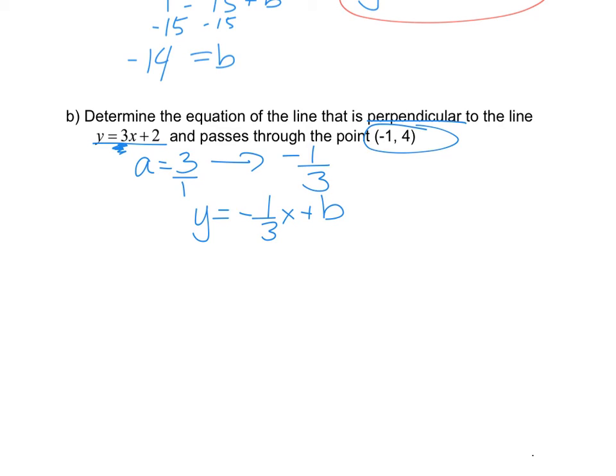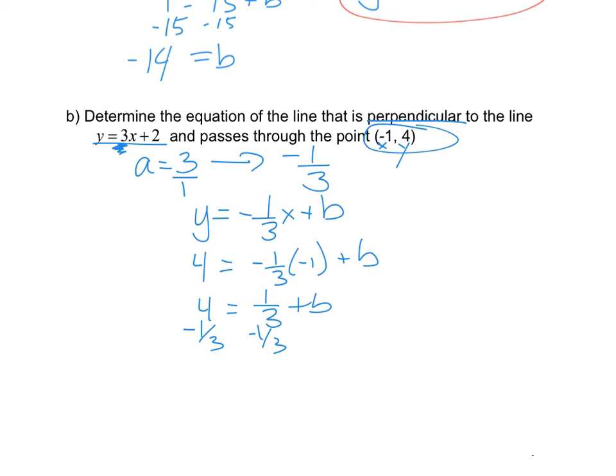And then I substitute the point in. x is -1 and y is 4 to find the b. So 4 equals -1 over 3 times -1 plus b. -1/3 times -1 gives us a +1/3 plus b. And to isolate b, I subtract 1/3 from both sides.